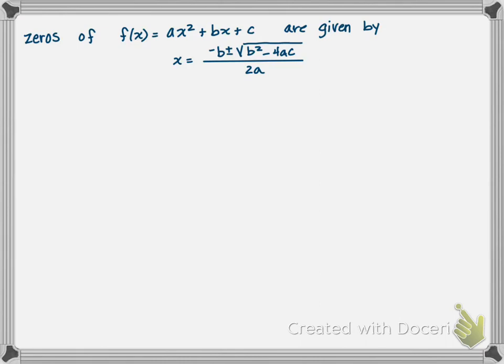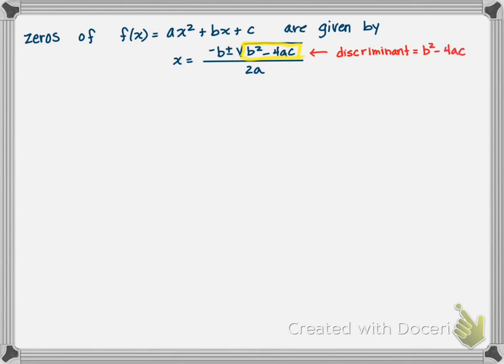There we go. In particular, the part that's under the radical actually classifies the solutions for us as far as how many x-intercepts you're going to end up with when you graph this function. This part of this formula, we call the discriminant, equals b squared minus 4ac.